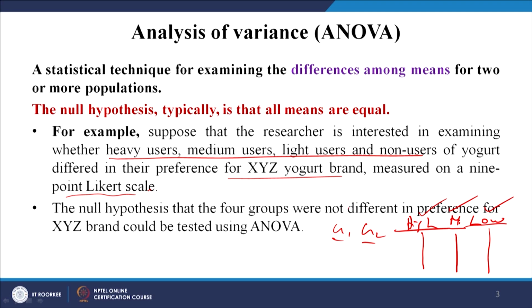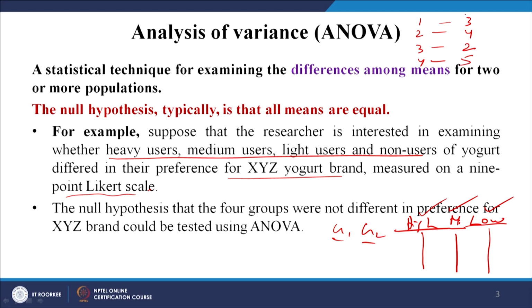So, how does it look like? Let us say you have taken the score on a 1 to 9 scale, and I am having 4 groups. How can I make the table, for example? I have 1, 2, 3, 4, these are the 4 groups. So, group 1 has given a score of, let us say, 3, group 2 a score of 4, group 3 let us say 2, group 4 a score of 5.